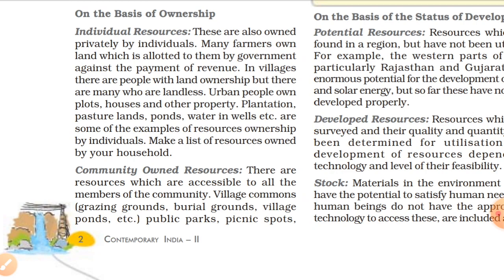For example, many farmers own land which is allotted to them by government against the payment of revenue. Revenue means a tax of money, right? In villages, there are people with land ownership, but there are many who are landless. Okay, yeah, we all know that. Urban people own plots, houses and other property. Plantation, pasture lands, ponds, water in wells, etc.